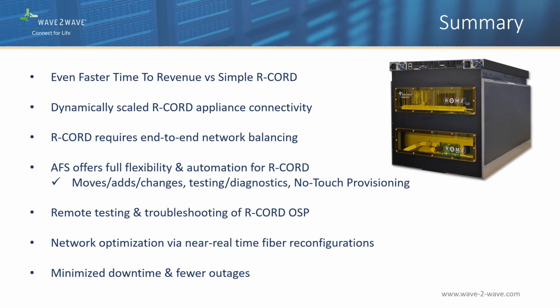Finally, AFS systems will enable our R-CORD deployments to minimize labor, eliminate mismatches resulting from human error, optimize CapEx, and facilitate testing and maintenance. Telcos can gain the OpEx savings benefits of AFS immediately while simultaneously pre-positioning the network for future R-CORD evolution.